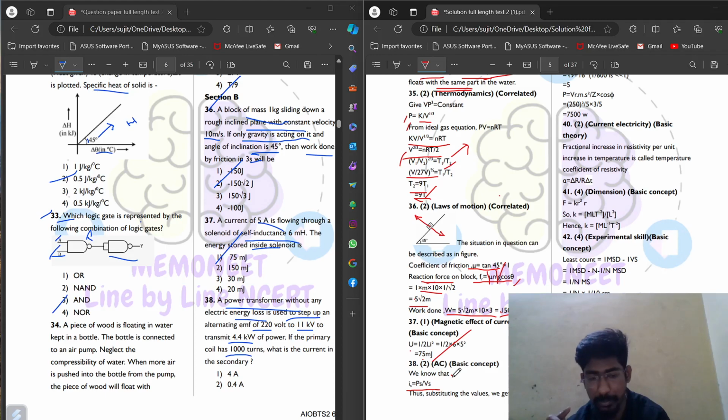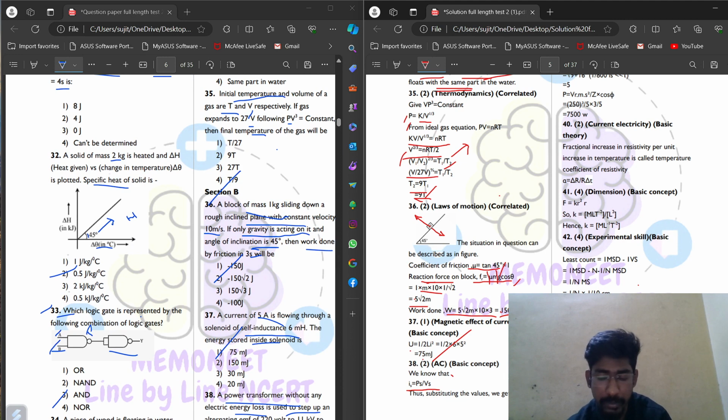For the transformer, there are two coils, a primary coil and a secondary coil, right? The primary coil transmits a power of 4.4 kilowatt.